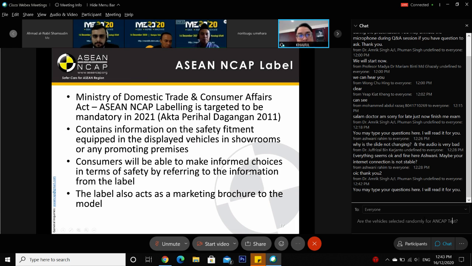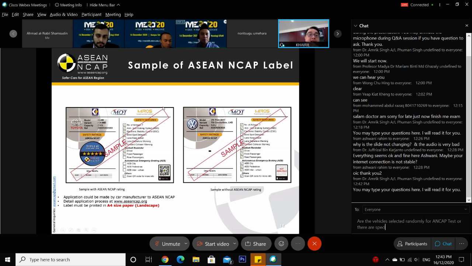And we also have the NCAP label, as you know, and most of the car manufacturers already display this label in the showroom or even outside showrooms to ensure that they are showing the real safety of the cars, whether the safety features are there, whether they have ASEAN NCAP or not, or they have other NCAPs. However, we still have not regulated this.